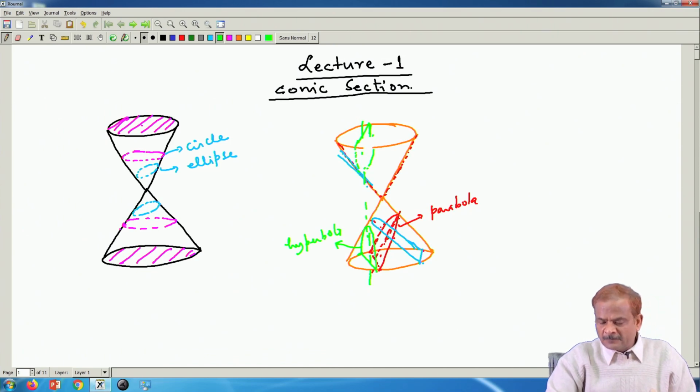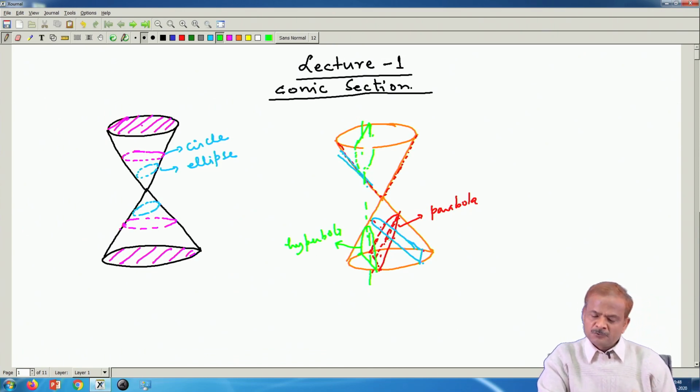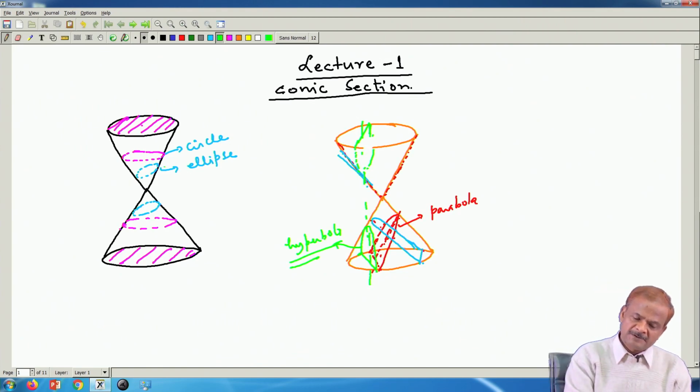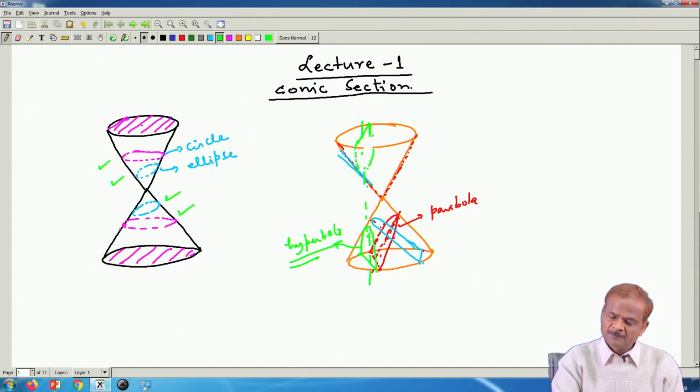So, a plane which is not parallel to the generator will generate a hyperbola. You can see in the case of the circle and ellipse, this is confined only to one of the cones, either here or here. In the case of the parabola, we are taking one plane and getting this, or we can get it on this cone.